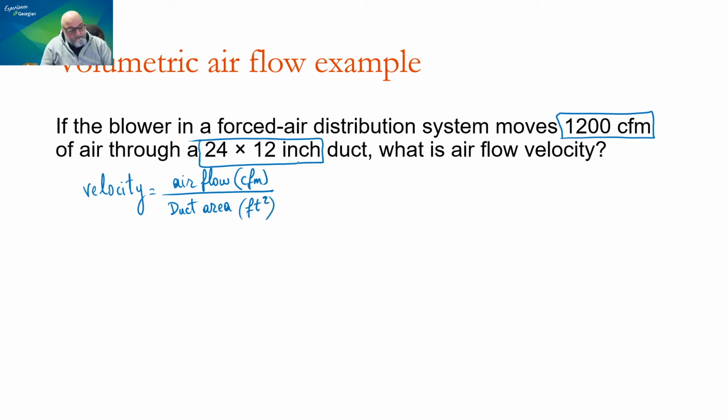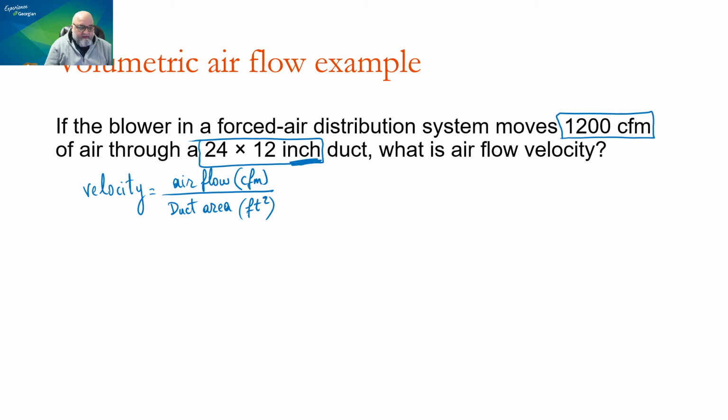Now, mind you, this is in inches, right? That's important. So most of the time you are going to be given the dimension of the duct in inches because that makes sense. We don't measure the duct dimensions in feet. It's simply too big.